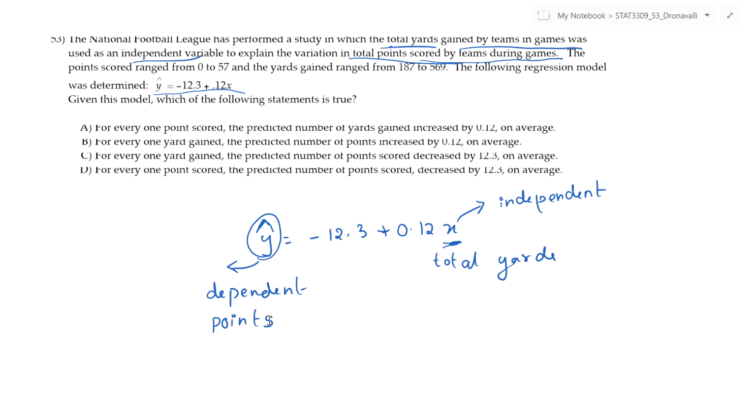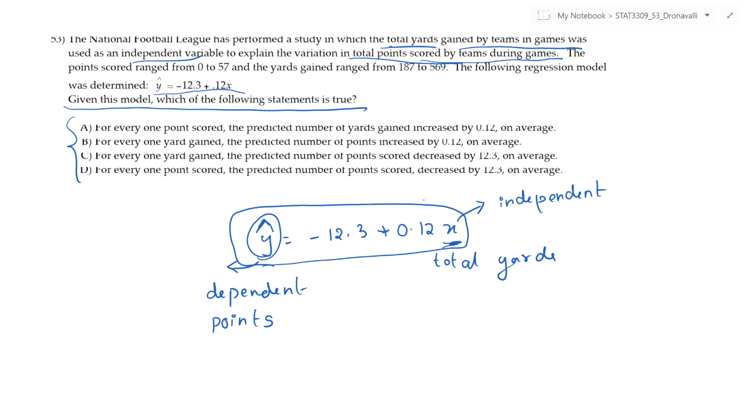Okay, so given this model, which of the following statements is true? They're really asking, how do you interpret this equation in terms of your independent variable and your dependent variable? For the sake of explanation, I would forget the beta naught value and just take y hat equals 0.12x.